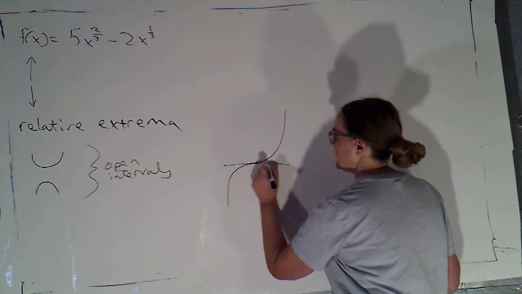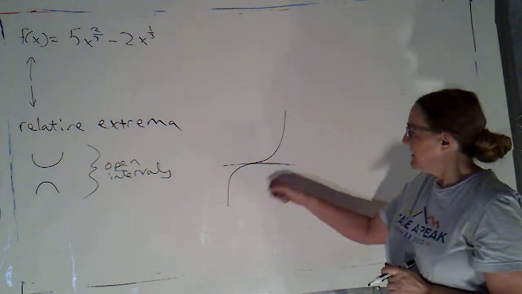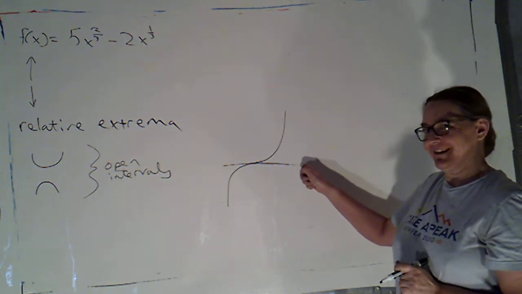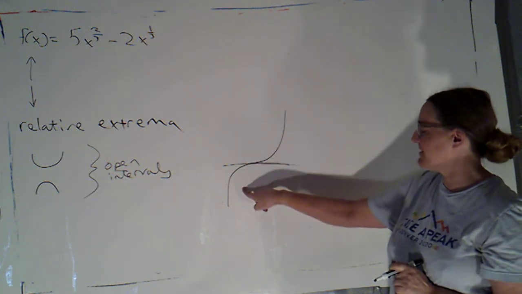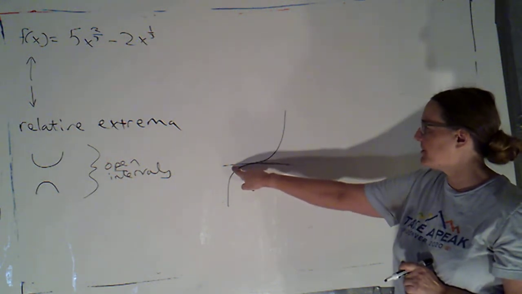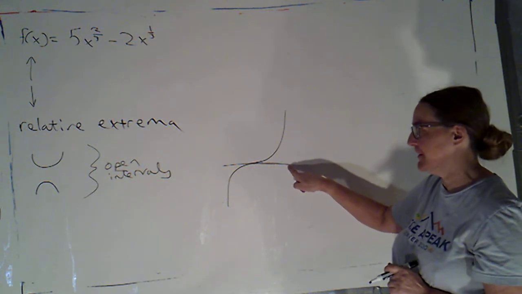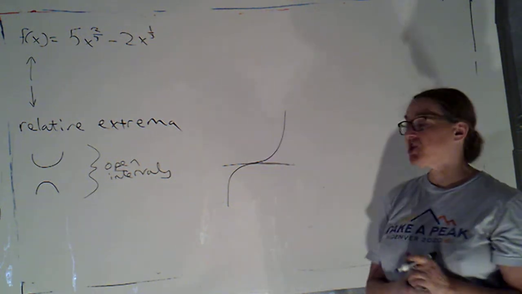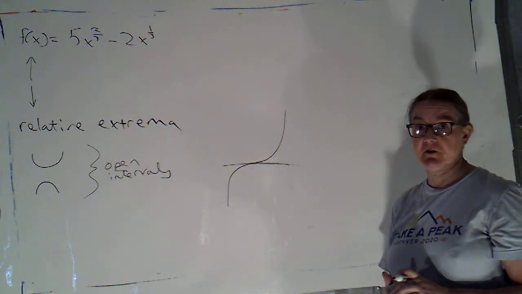When the concavity changes, the tangent line crosses the curve. So on the part where it's concave down, the tangent line is above the curve. On the portion where it's concave up, the tangent line is below the curve. At the point where it changes, it's neither. So these guys will always be open intervals.